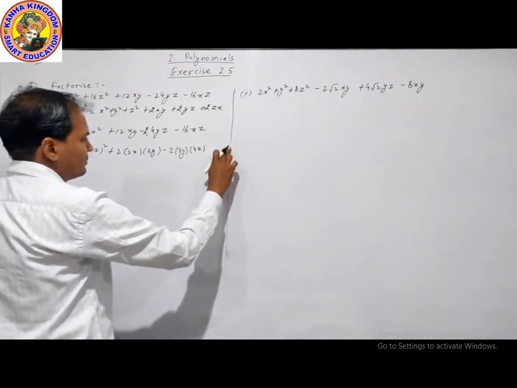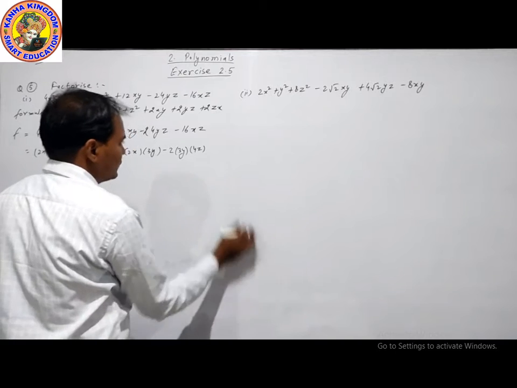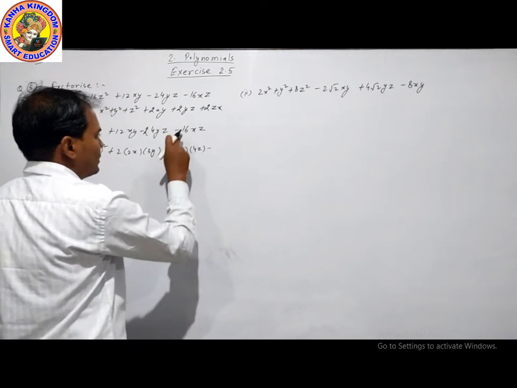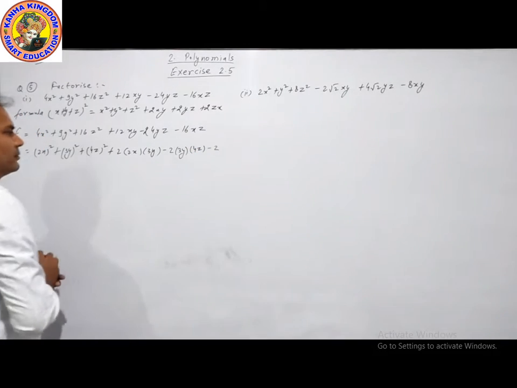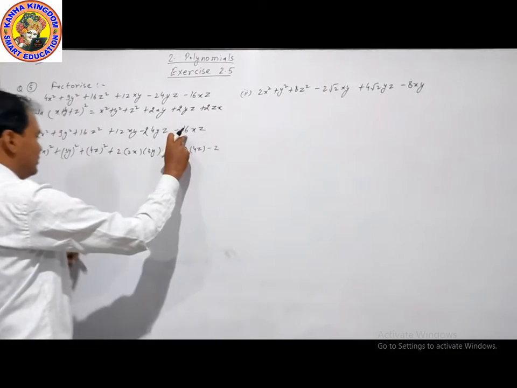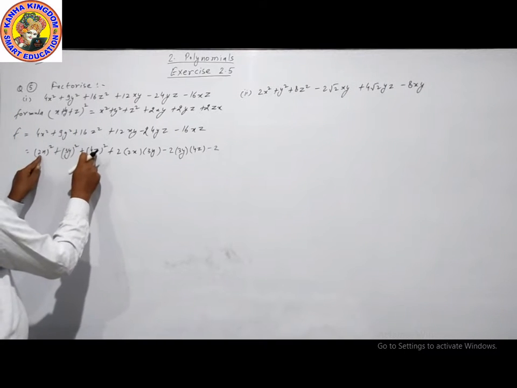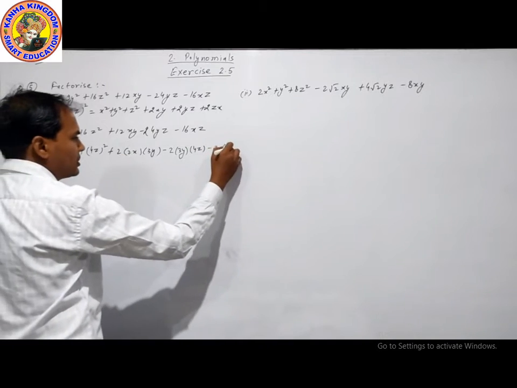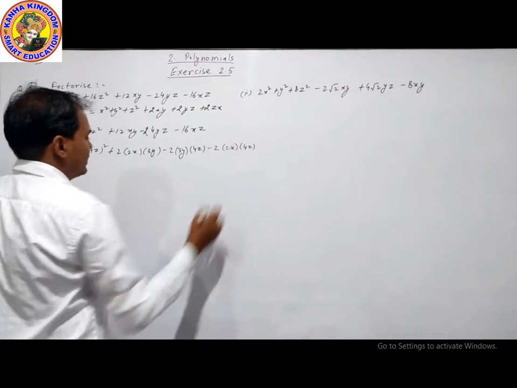The next one, minus, taking 2 common in 16, the remaining part is 8. Now x and z, 2 into 4 is 8, so this is 2x and 4z.